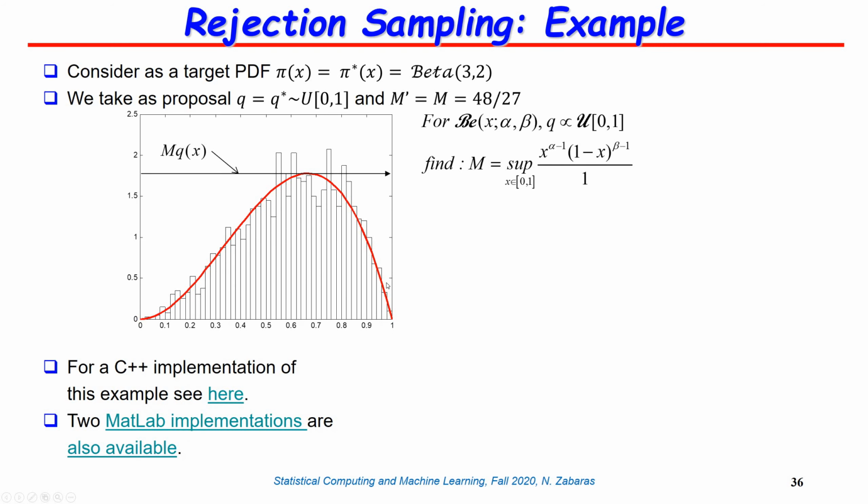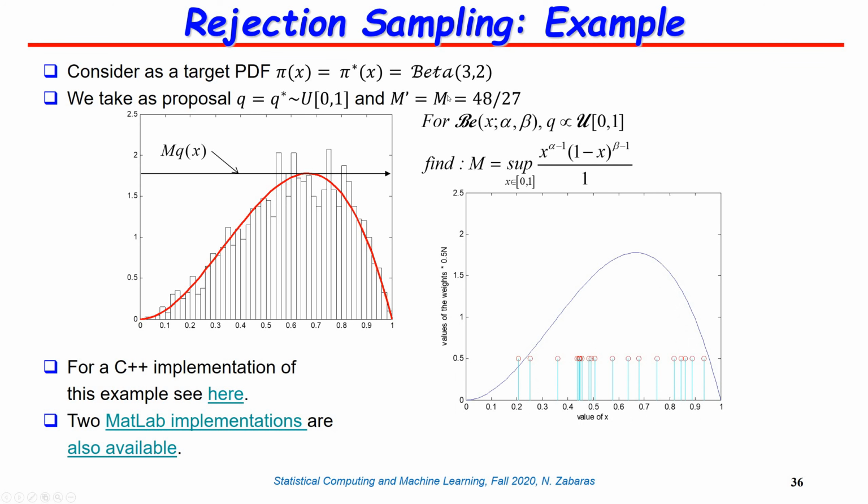Now, this is my beta distribution, and if you try to compute the maximum of the beta distribution, you will find that the value is 48 over 27, okay? So effectively, I can use as a proposal distribution the uniform distribution that you see here, all right?